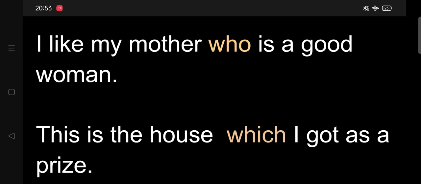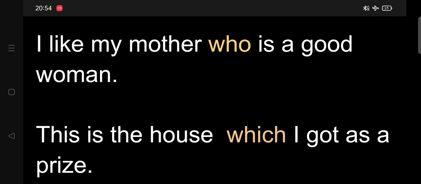See the two sentences. The first one, I like my mother, who is a good woman. Easily you can identify that this sentence has two parts. I like my mother, one part, who is a good woman. Now these two parts are joining by which word? WHO, who.